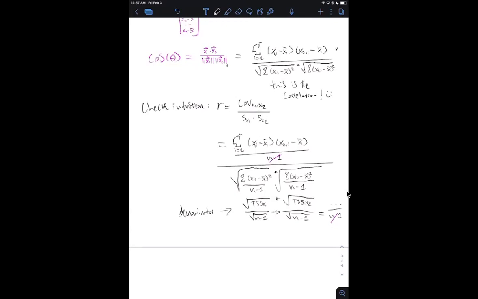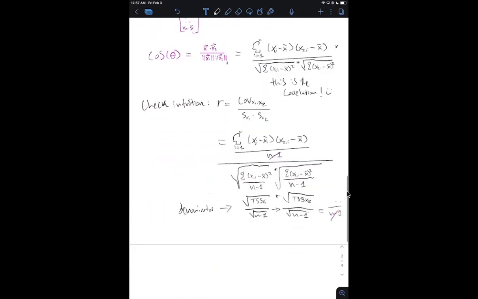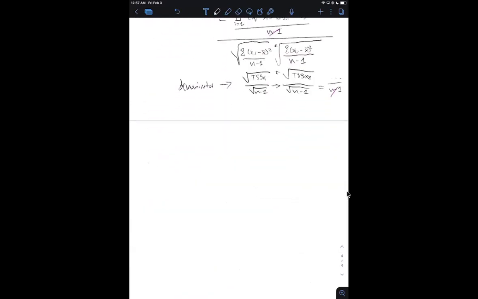So this is a very cool fact, and let's bring it back to the very start, and we'll draw just one more picture. So what this means is that the cosine of the angle between our two vectors here, so the cosine of theta, which is just a familiar trigonometric function of theta, is equal to the correlation coefficient of centered x1 and x2.